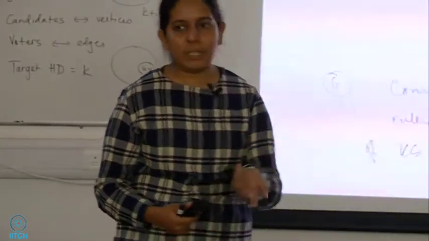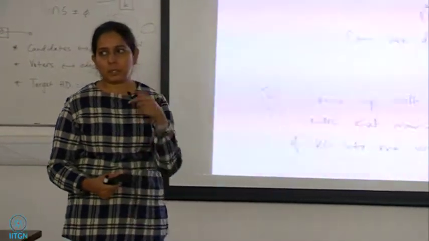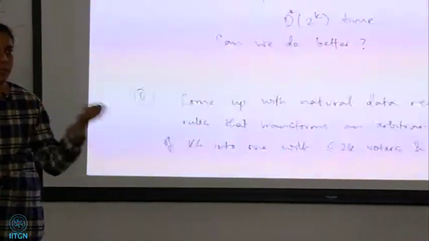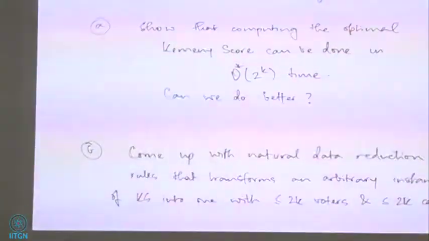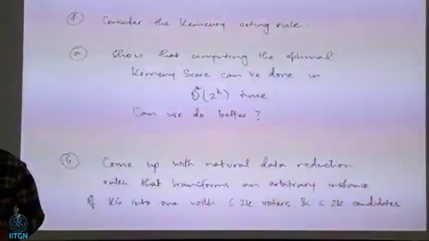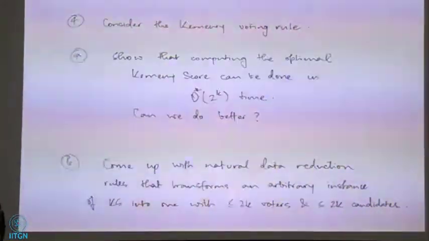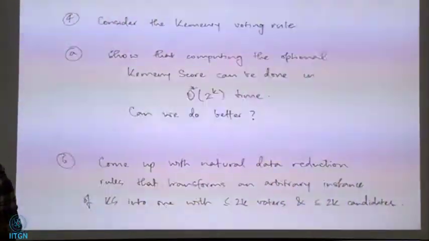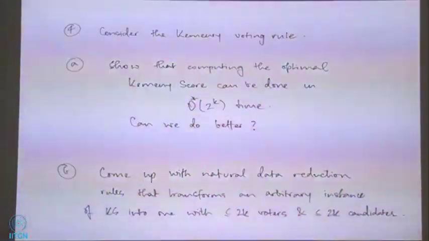And it should be easy for you to see that any optimal Kemeny consensus ranking also places him at the same position. There is no point in placing him anywhere else, right? So if there's a candidate C that doesn't participate in any conflict pairs, it means that C occurs at the same position relative to every candidate, okay? And therefore you can actually knock this guy off from your input because you know where you want to place him at the end, so you don't have to worry about him, right?